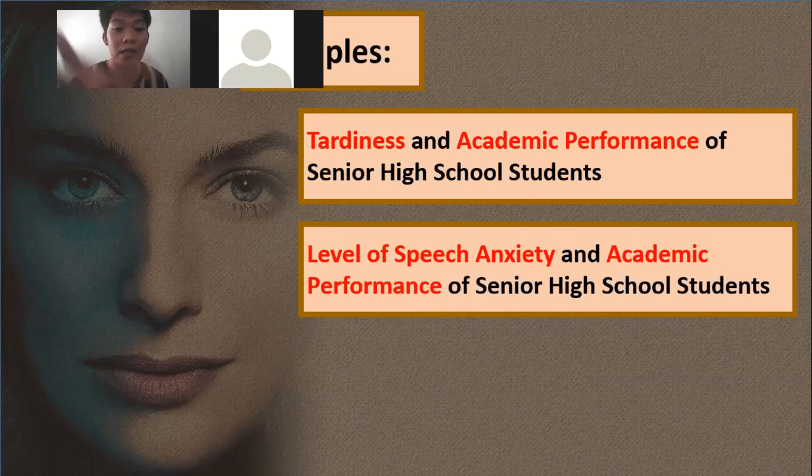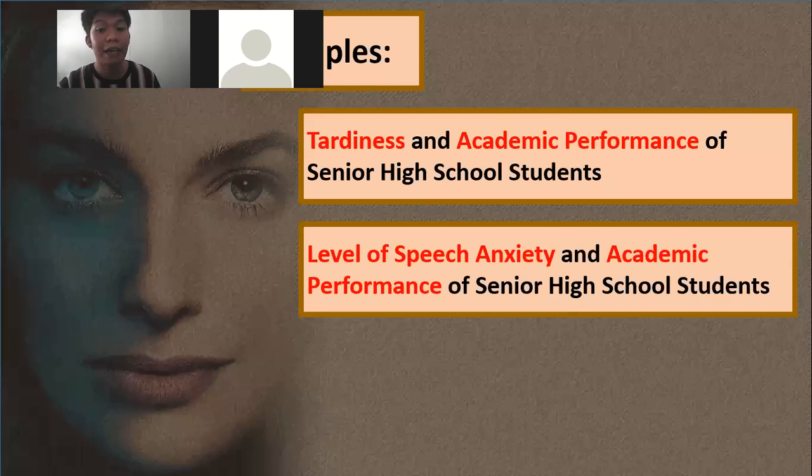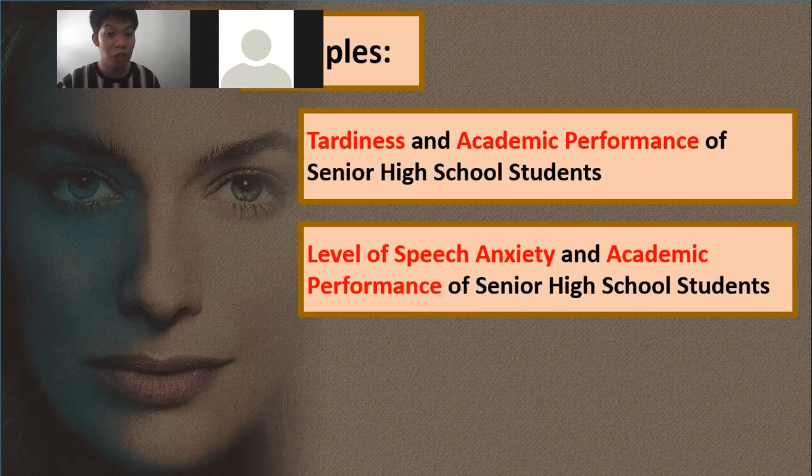Meaning tardiness is the variable that can be manipulated by the researchers, while the academic performance is the one that cannot be manipulated by the researchers. It's because it will depend on the results of the independent variable, which is the tardiness.